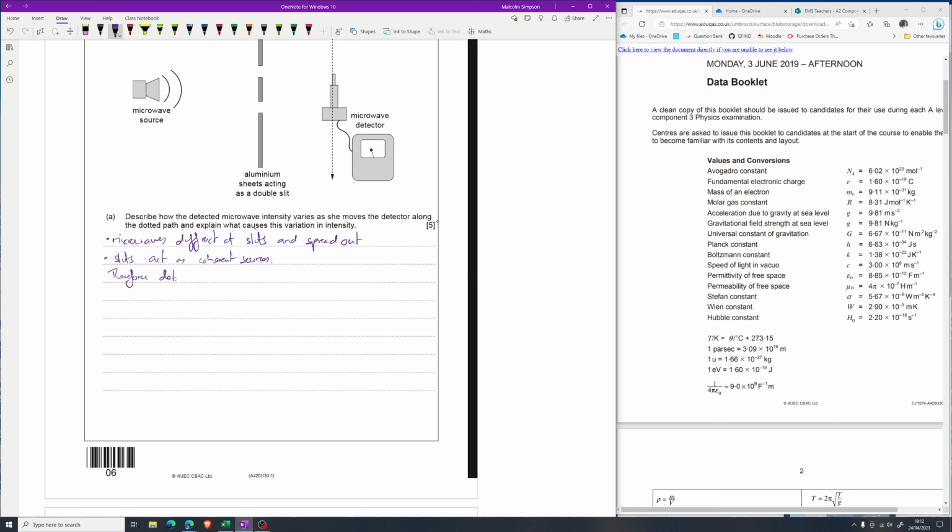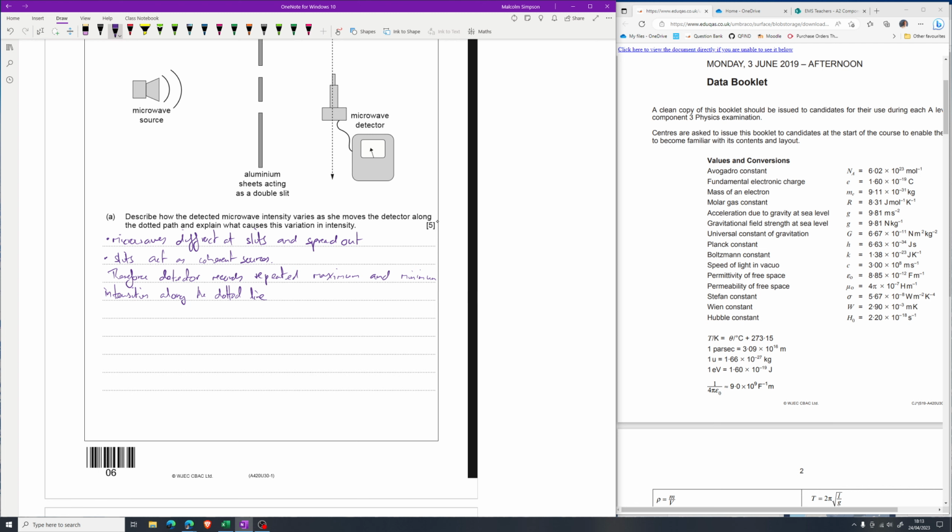the detector records repeated maxima and minima, repeated maximum and minimum intensities along the dotted line. Why?